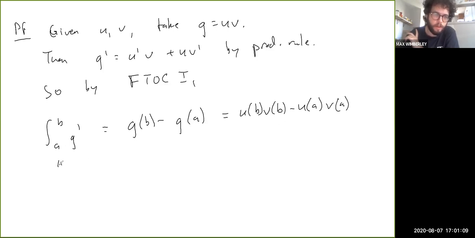And then on this side, by linearity, we have the integral from a to b of u'v plus uv', which equals, so linearity really is applying in this second step here, the integral from a to b of u'v plus the integral from a to b of uv'.